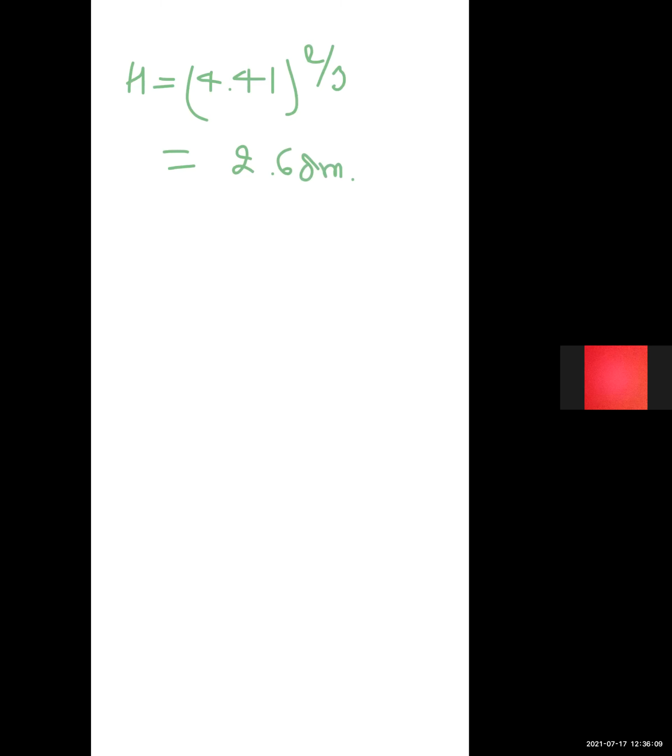This is the head over the crest of weir. And upstream HFL, by assuming 100 meter bed level and crest level 102 meter, then the total HFL equal to 102 plus 2.68.